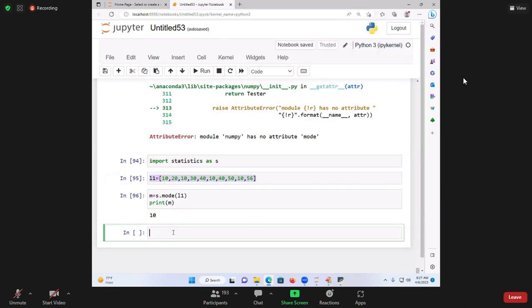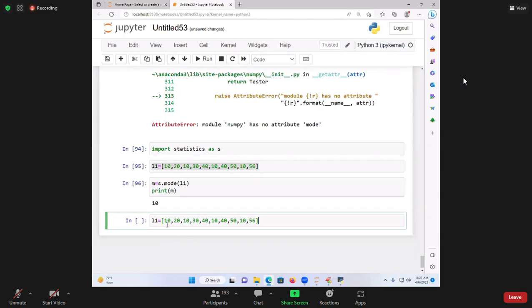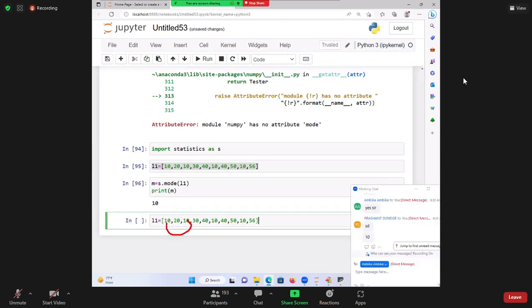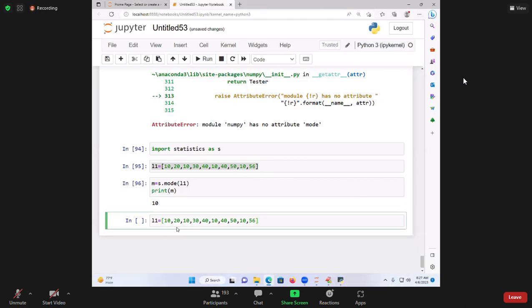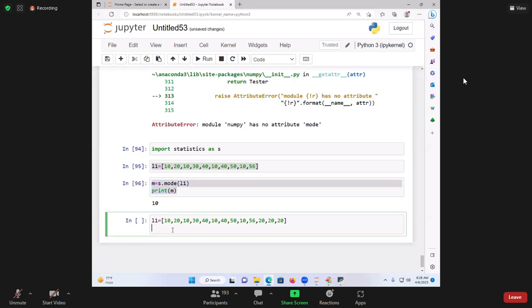Got it? Now, you see student, next, how many times is that repeated? That is deciding. 10 is repeated 4 times. 20 is repeated how many times? 1 time. I will write 20 here also. Careful students.